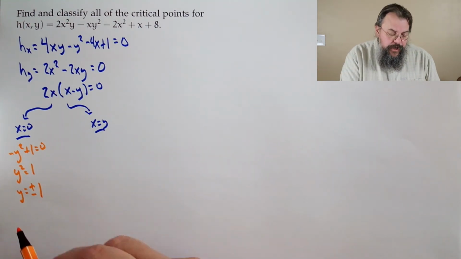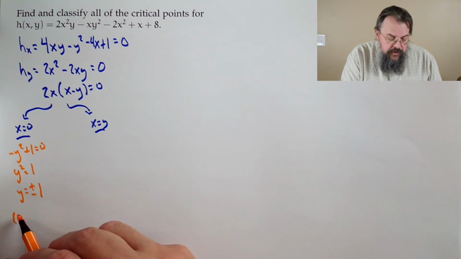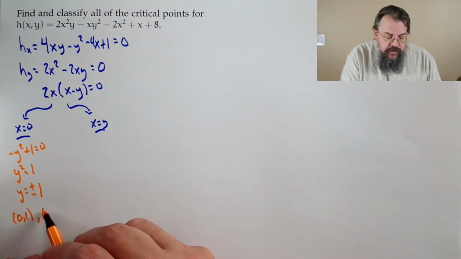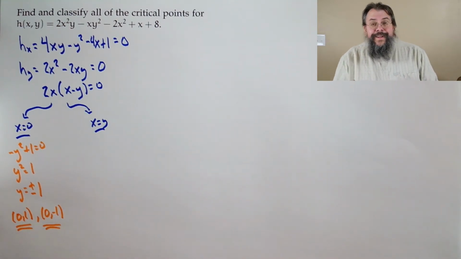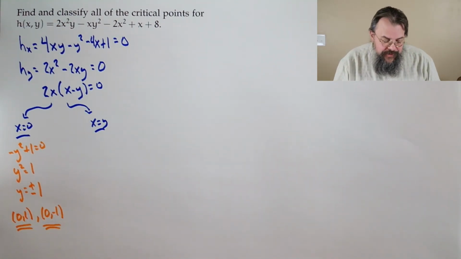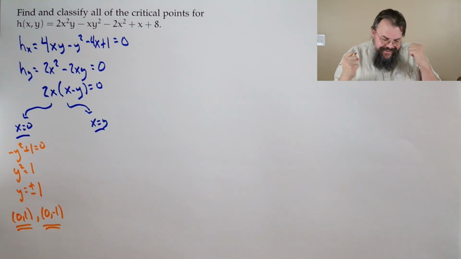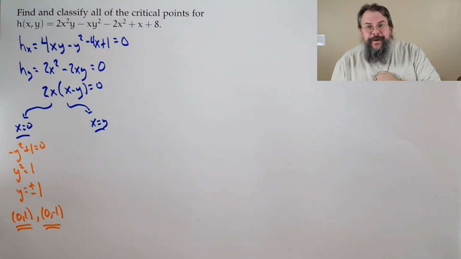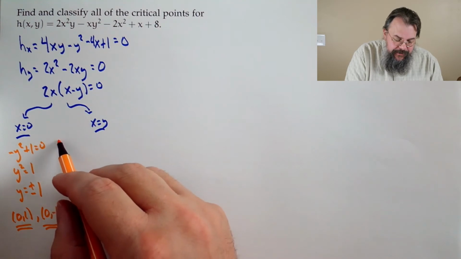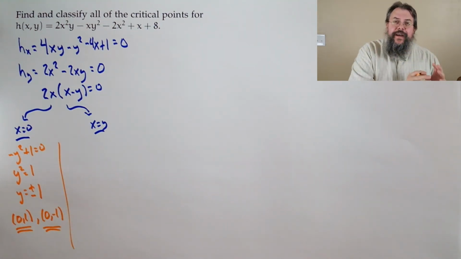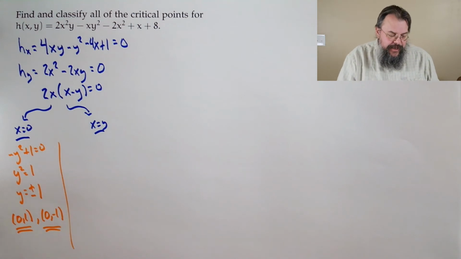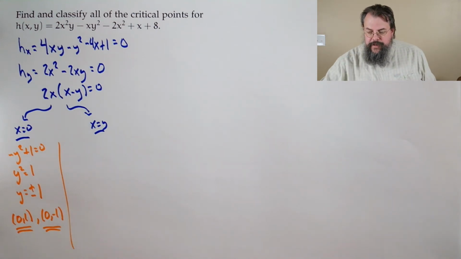So what do we end up with? We end up with two possibilities, 0, 1, and 0, negative 1. Wonderful. Two critical points. And they're both so clean. It just warms your heart. Okay, well, that's our first path, but we got to try our second path. So let's do that one next.